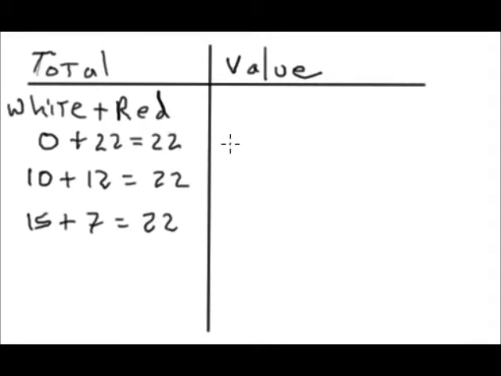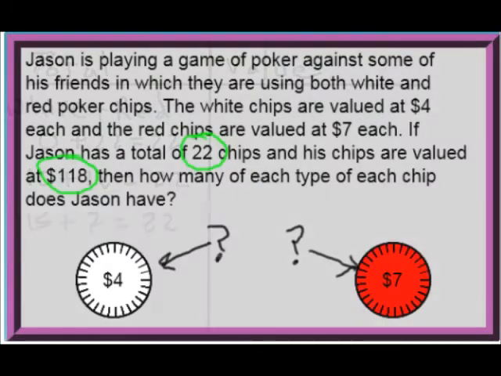Now, if you are guessing, you also have to understand you have to check the total value. Just because you have 22 chips doesn't mean you have the total value. In this case, the total value is 118. The whites are 4, the reds are 7.